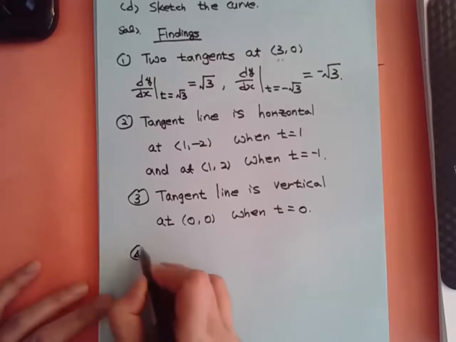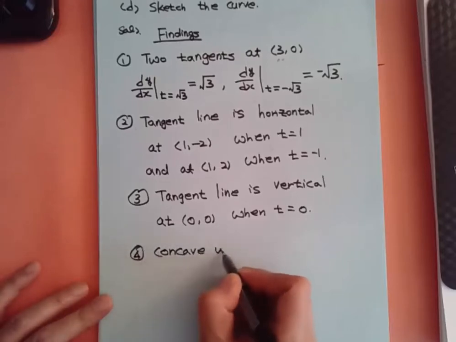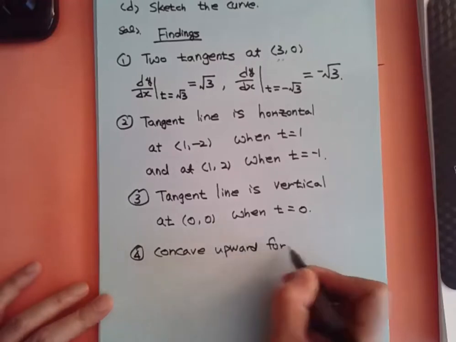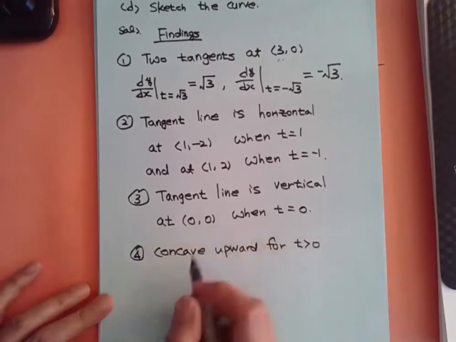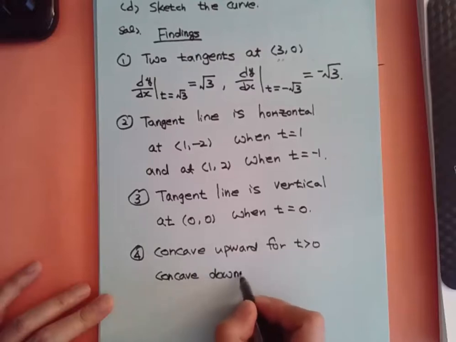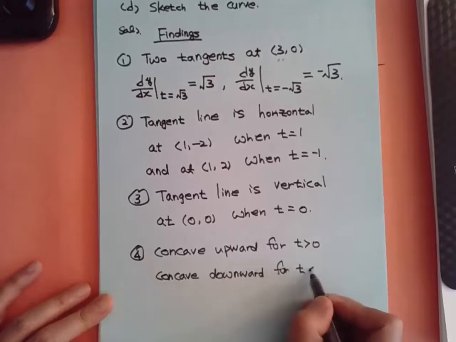And we know that the curve is concave upward for t greater than 0, and concave downward for t less than 0.